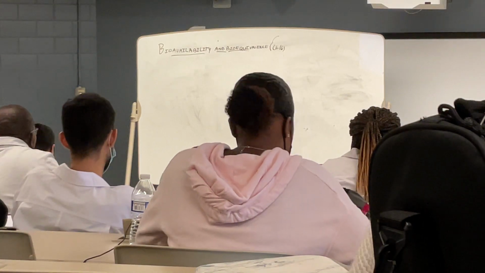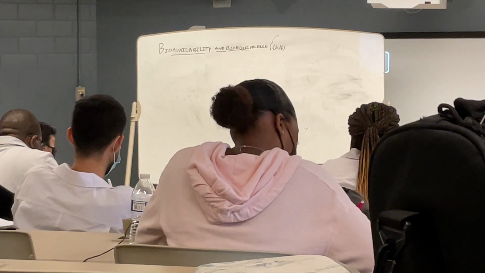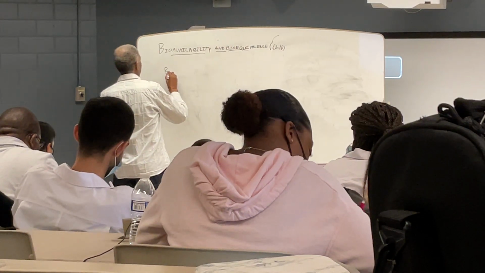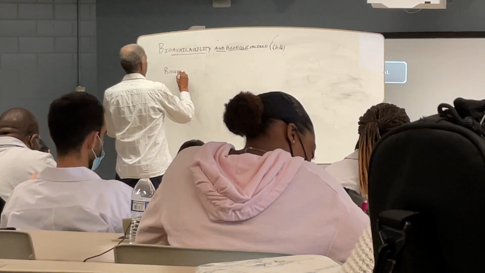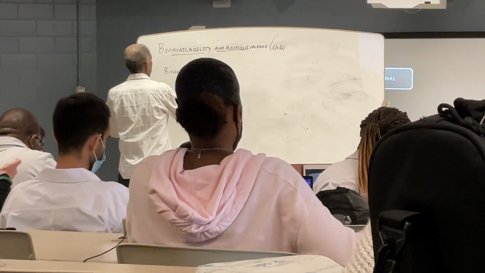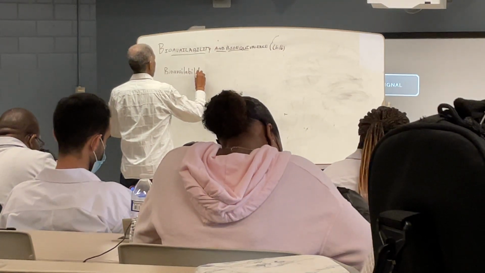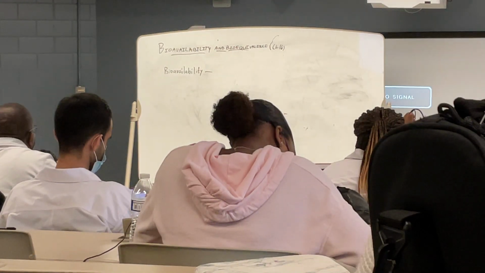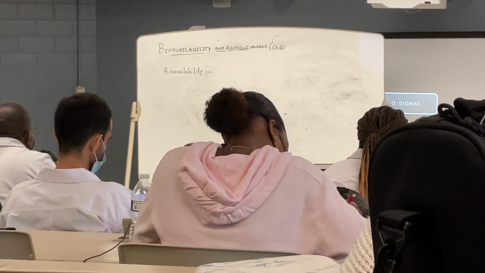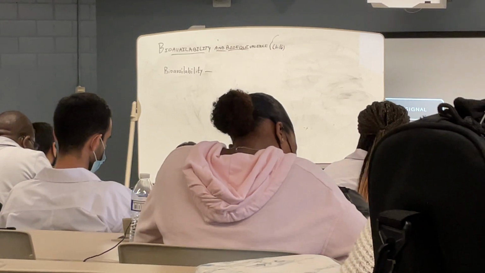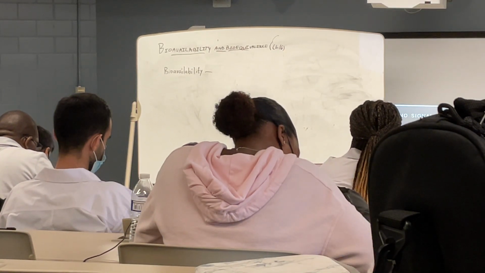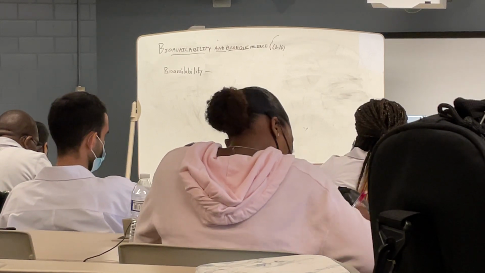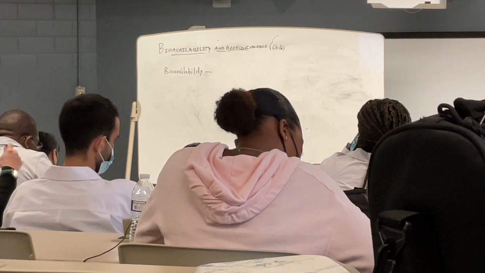Okay, so bioavailability. Review these definitions in chapter 16. The definition that we'll use for bioavailability is a measurement that indicates the rate and extent of therapeutically active drug that reaches the systemic or the general circulation.